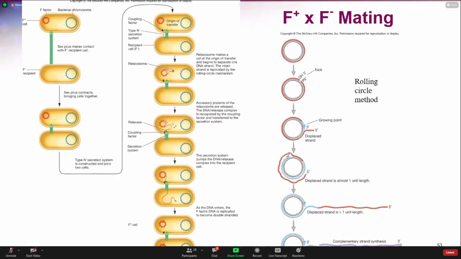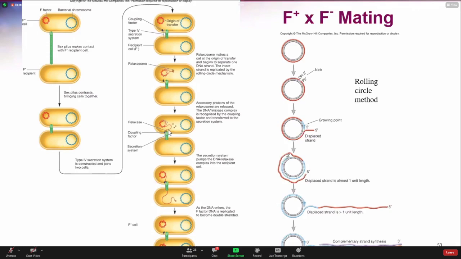But in any event, in this case, the F factor is really large. It's 100 kilobase pairs, so it's going to take a while to copy all of that. And you want about one unit length, one entire piece of the outer DNA strand, then transferred to the cell lacking the F factor, the F minus cell. And so that's the job of the coupling factor.